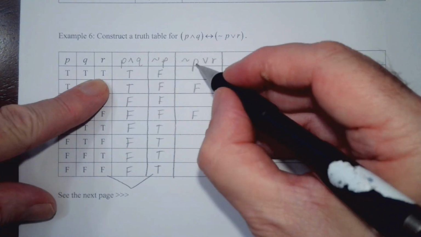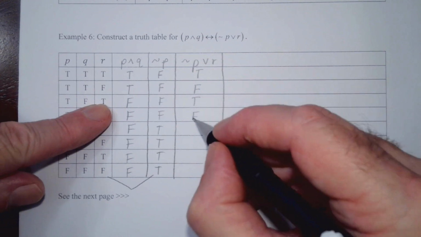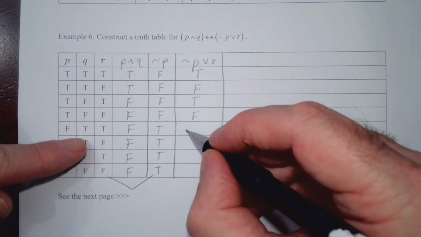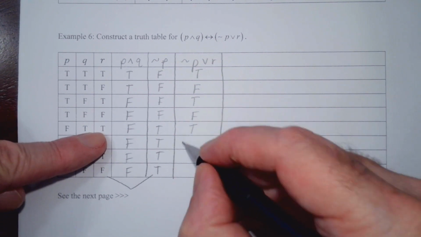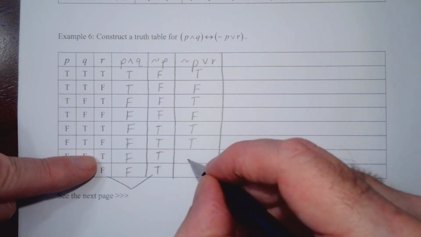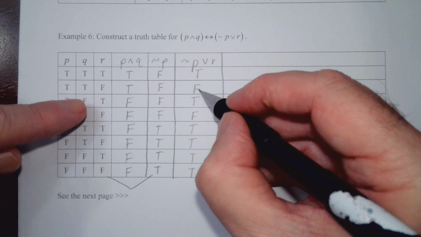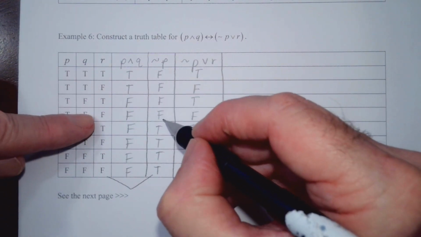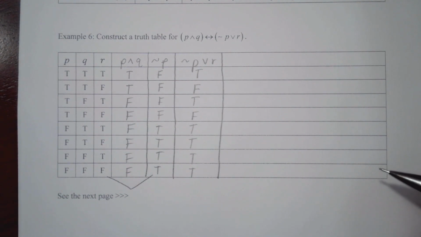True, false, that's true. True, false is true. Again, if at least one of them is true, then we're set. Here we have true, true, so we're certainly true there. False, true, true, true, true, and false, true. So each of these is true. Again, we were only false when we had false, false, when both statements were false. So an OR statement is only false when both statements are false.